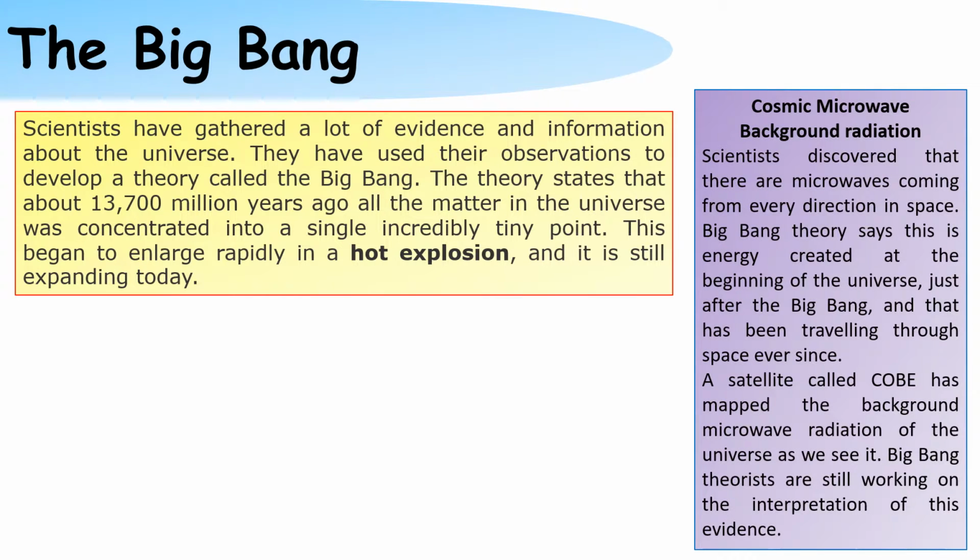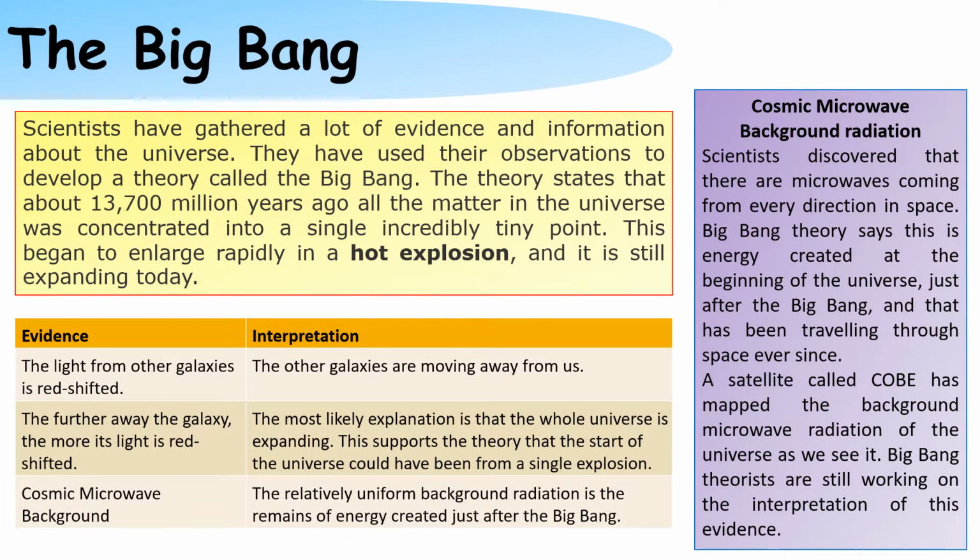Scientists discovered that there are microwaves coming from every direction in space. The Big Bang theory says that this is energy created at the beginning of the universe, just after the Big Bang, and that has been travelling through space ever since. Some of the other evidence for the Big Bang is that light is redshifted, so therefore the galaxy is moving away from us.